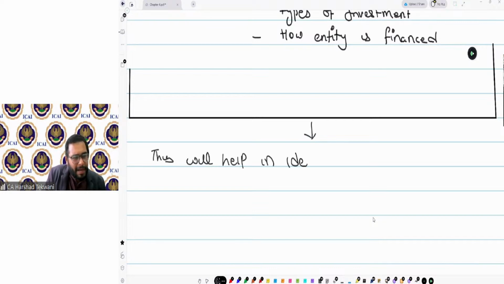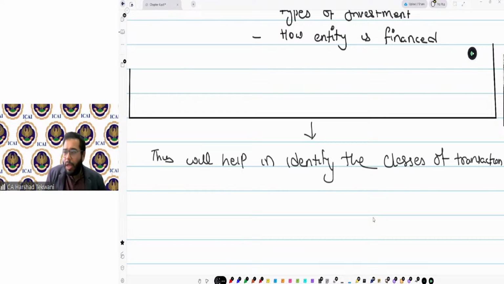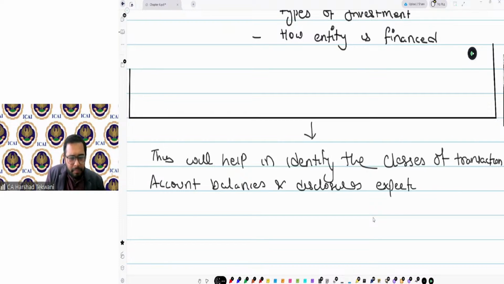in identifying the classes of transactions, account balances, and disclosures expected in financial statements.